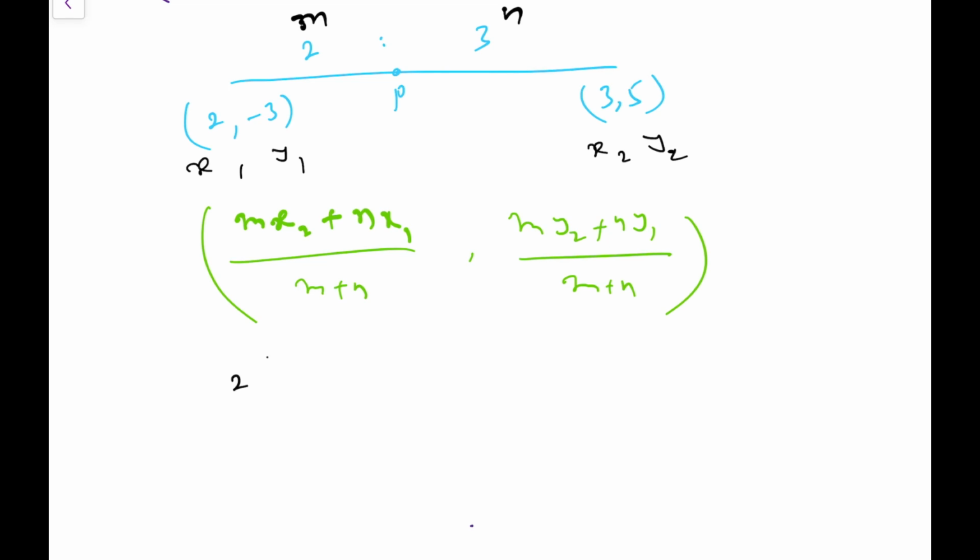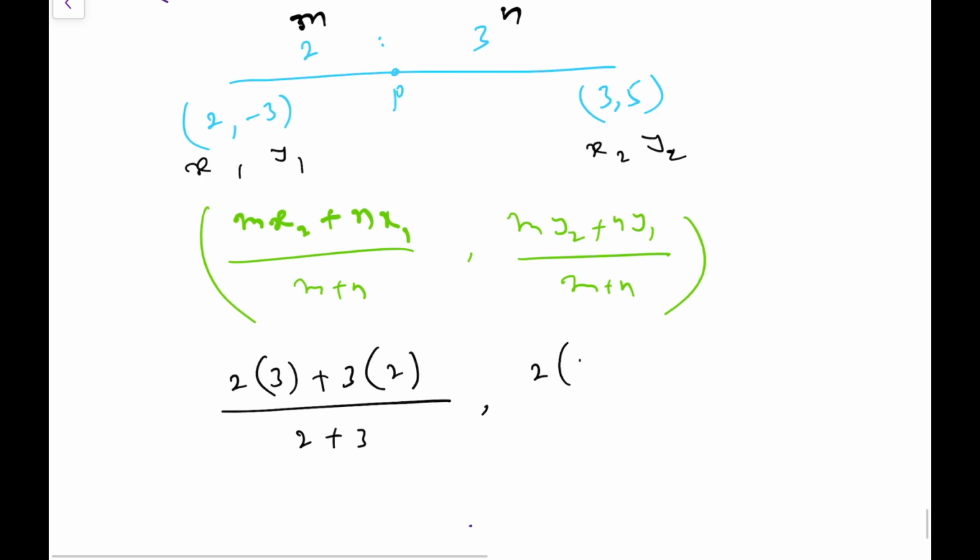M is 2 into x2 is 3, plus n is 3 into x1 is 2, divided by m plus n, 2 plus 3, comma. Next, m is 2 into y2 is 5, plus n is 3 into y1 is minus 3, divided by m plus n, that is 2 plus 3.